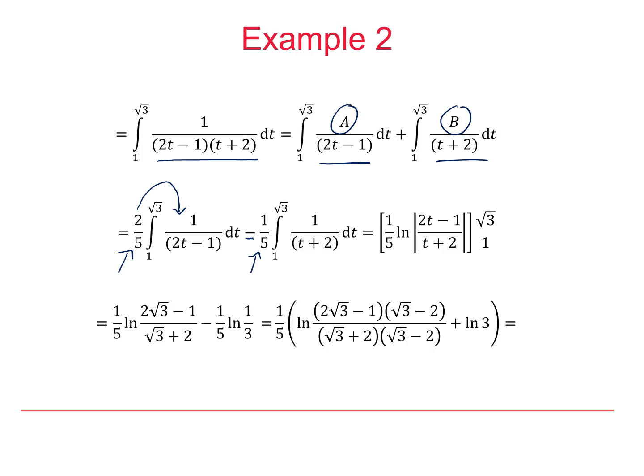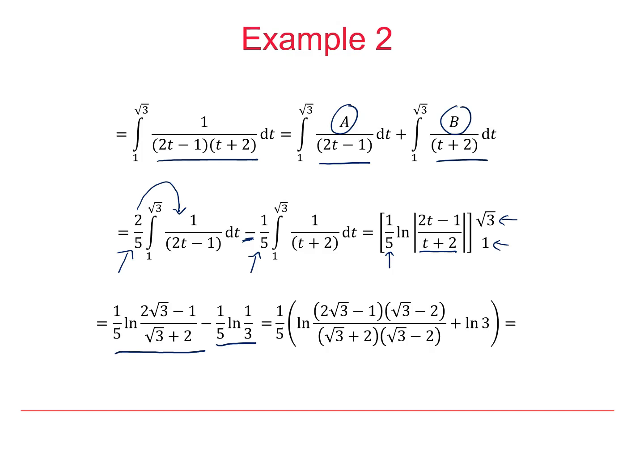We've got a common factor of 1/5, so there's my 1/5. Then I need to apply my two limits. So here's that expression with root 3 substituted in, and here's that expression with 1 substituted in, with a negative.